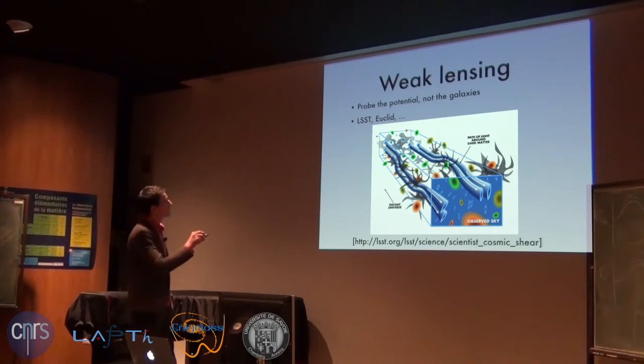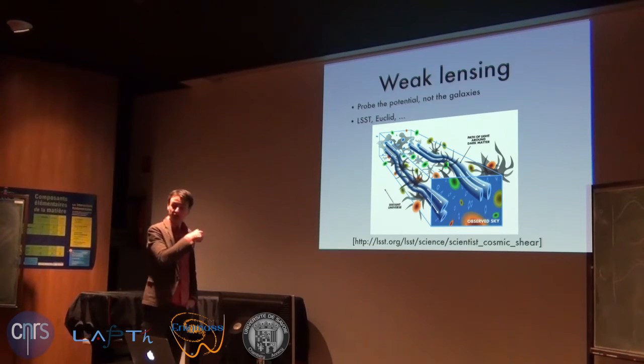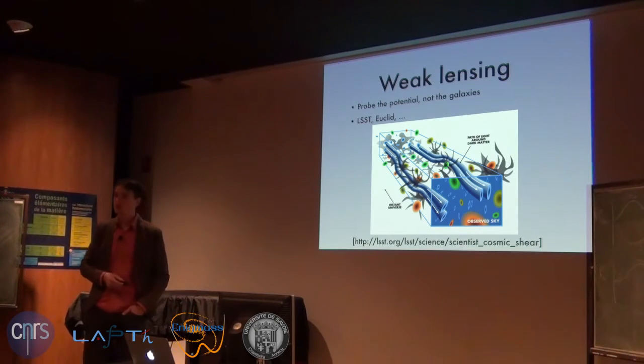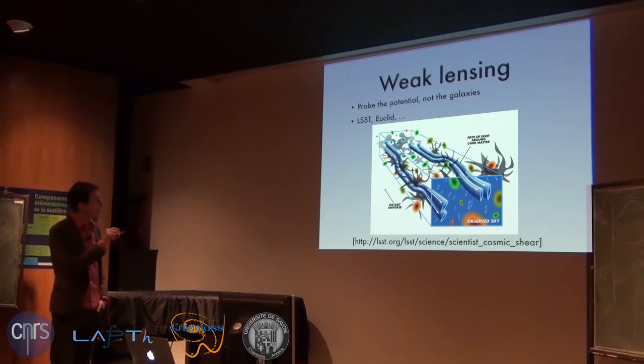So initially, the galaxies at their emission may have had a distribution that on average gives a circle. But because of the lensing of light, we can see that in different directions there may be a correlation between the orientation of the galaxies in that direction. And that is weak lensing.